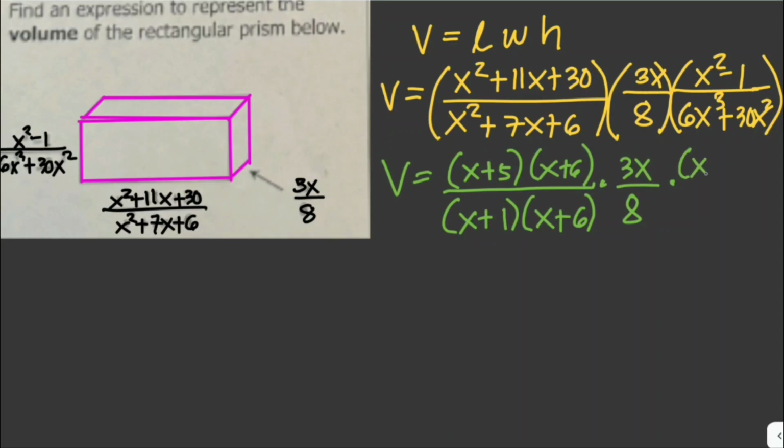We can write this as x minus 1 times x plus 1. Then 6x cubed plus 30x squared, we can factor out 6x squared. So this would be 6x squared times x plus 5.